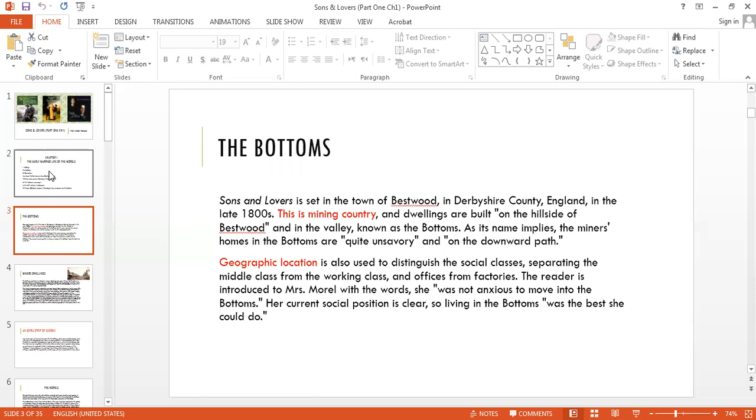So Sons and Lovers is set in a town of Bestwood in England, in the late 80s. It's a mining country and the dwellings are built. He beautifully describes them.